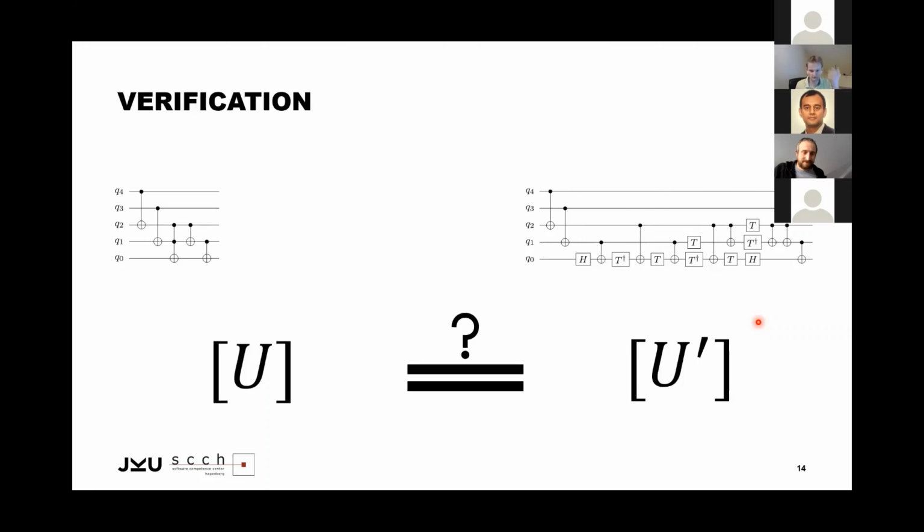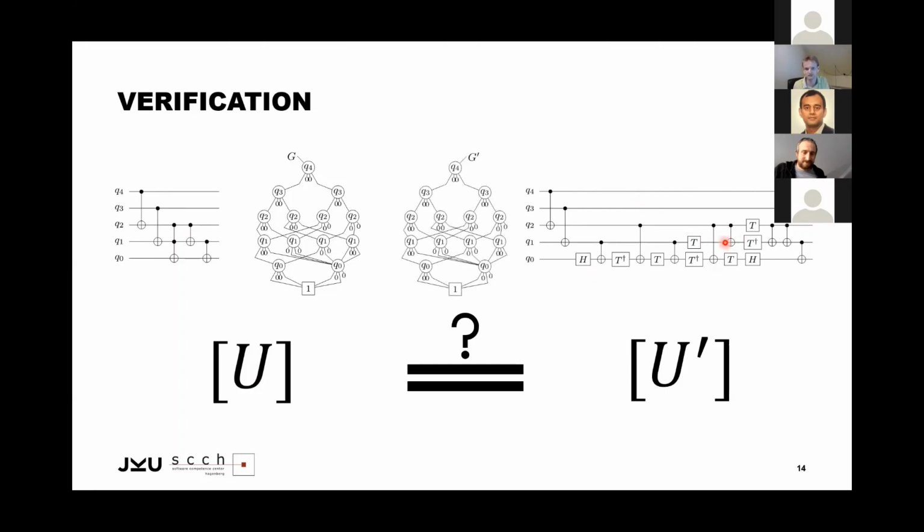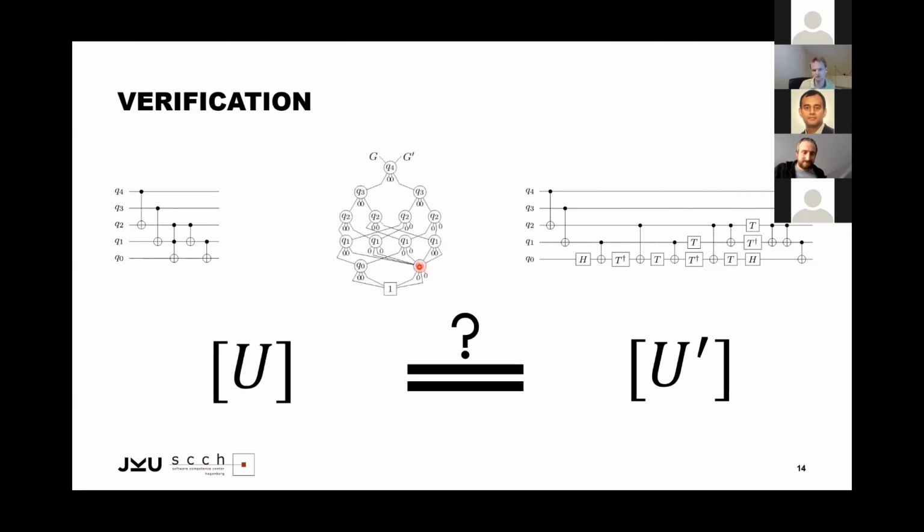In fact, I already introduced decision diagrams. So one simple thing you could do is generate a decision diagram representing this circuit here, and a decision diagram representing that circuit. Since these decision diagrams exploit redundancy, in case both circuits are functionally equivalent, the decision diagrams will be equivalent as well, and then this actual process will look like that.